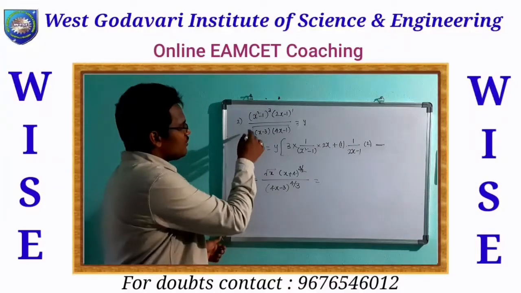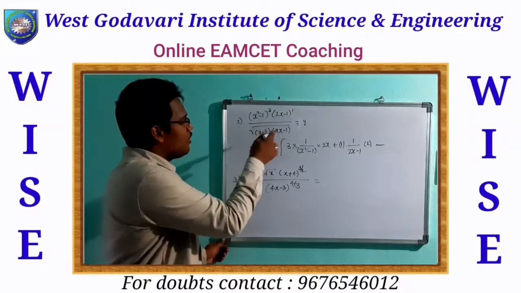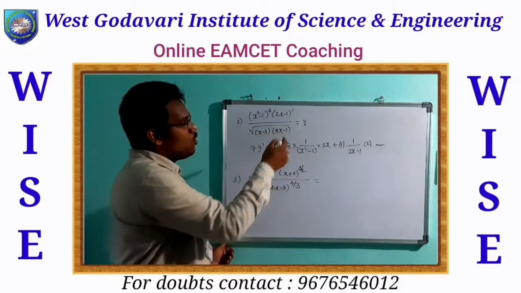So here this total term is a single term, that is square root of x minus 3 into 4x minus 1.